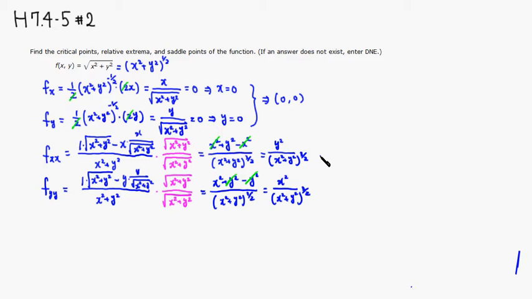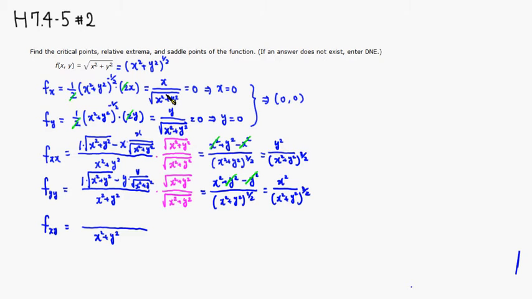And I'm going to go ahead and find the mixed partial, the partial with respect to x, then the partial with respect to y. So let's take the partial of this with respect to y. Square the bottom, x squared plus y squared.